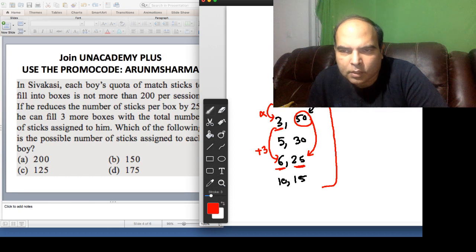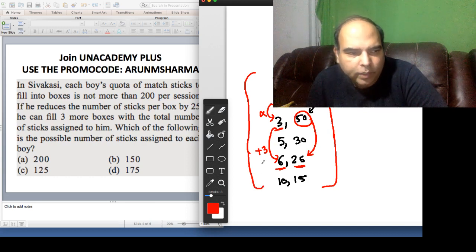So you really can't work this out, right? And hence you kind of get stuck. And if you do it this way, this is the only way, and this is the best way to handle such questions.